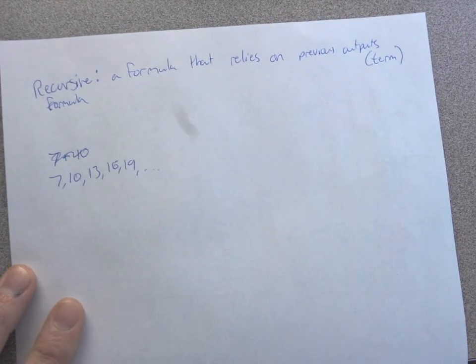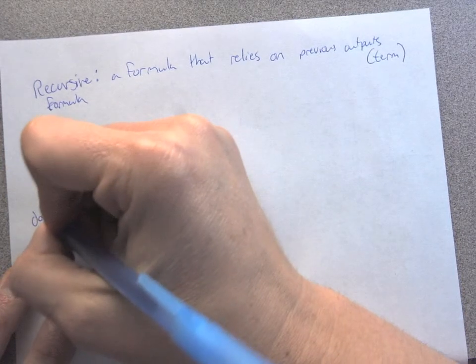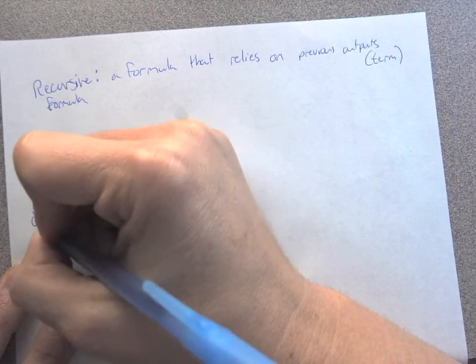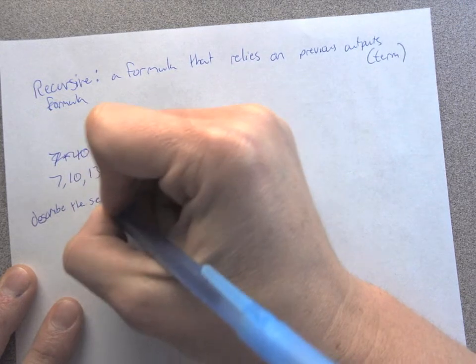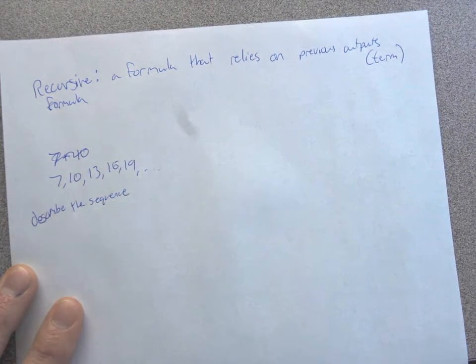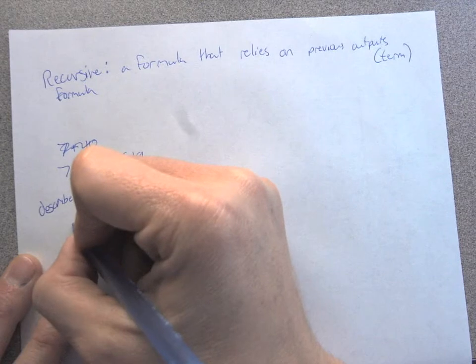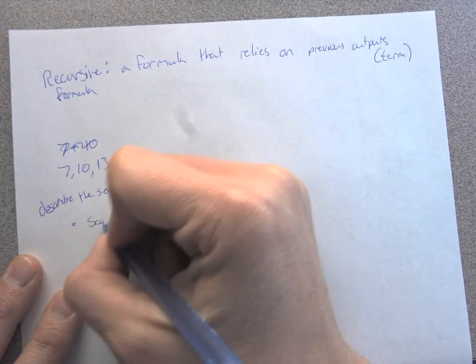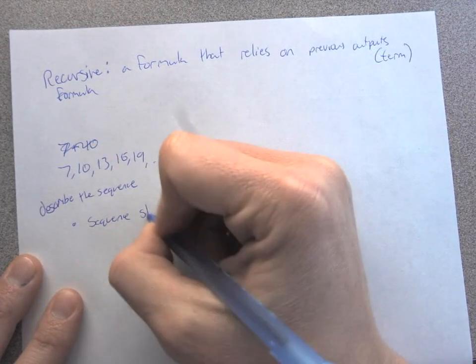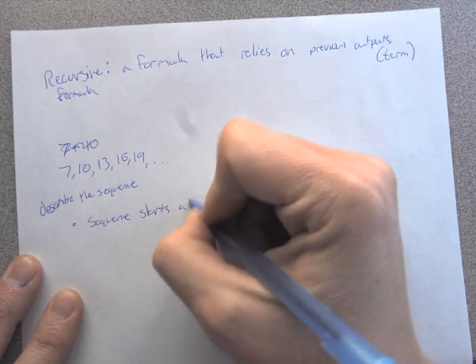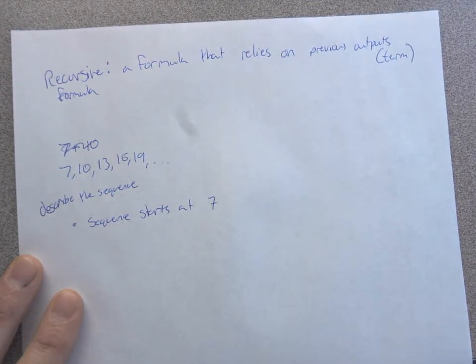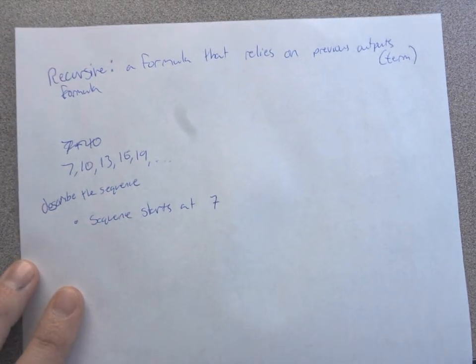So in this case, if we were going to describe the sequence, this is kind of how we would describe it. First thing we might say is the sequence starts at 7, right? Or the first term is 7.